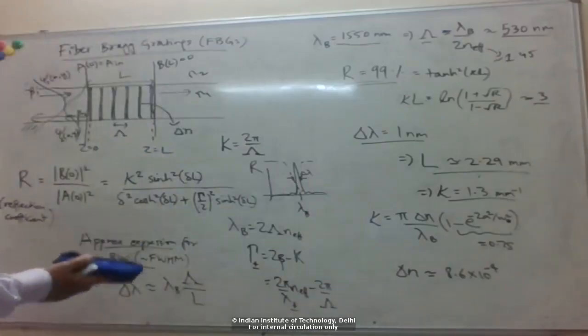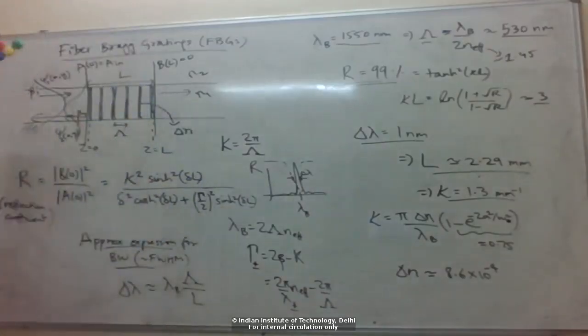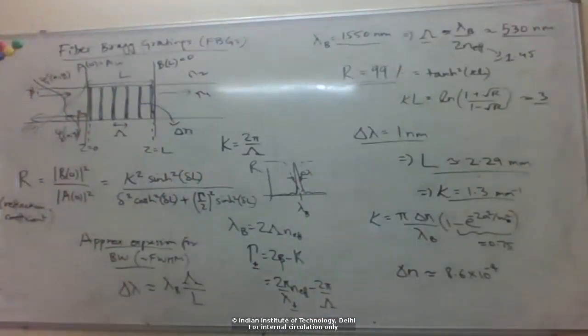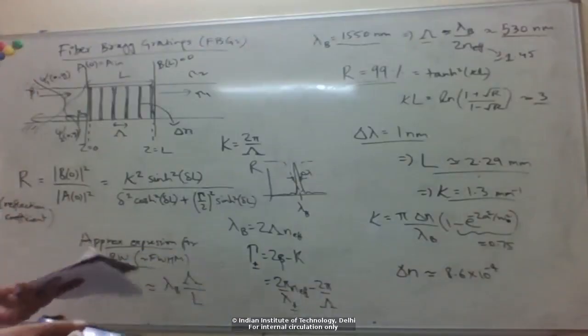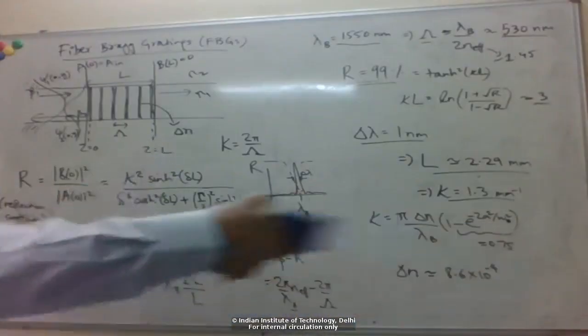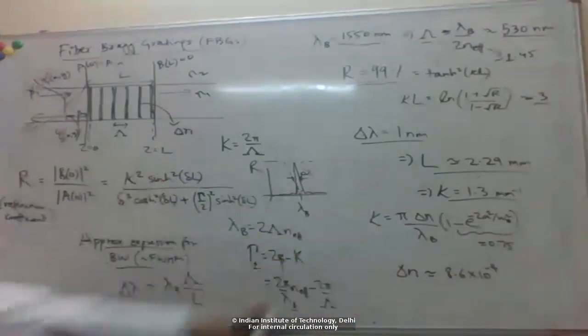Okay, so this is how we design and then make FBGs for particular applications. You can see these FBGs work as optical filters, right? They are used in a lot of places, particularly, for example, as add-drop filters in optical communication systems where we are using wavelength division multiplexing. We have multiple wavelengths traveling through our fibers, and for example, we want to take some particular wavelengths out of those and send them in some other direction.